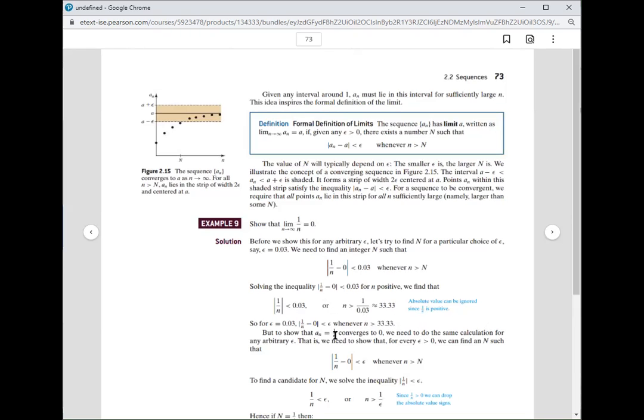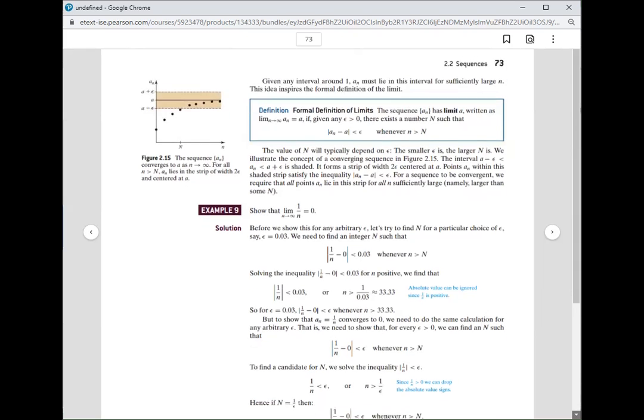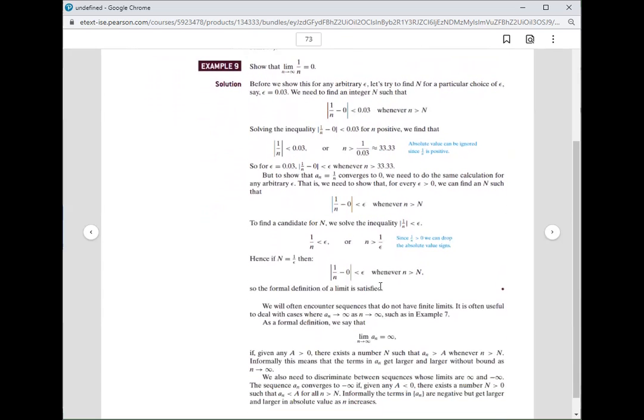But to show this converges to 0, we need to do the same calculation for any arbitrary epsilon, right? Okay, so you can write the definition like this.